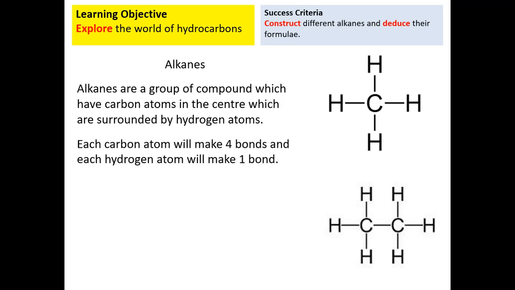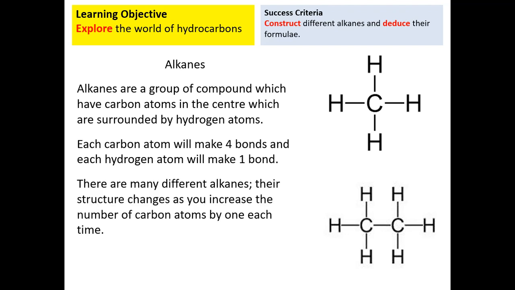Now, each carbon atom will always make 4 bonds. Those little lines coming out of it that join the hydrogens on are covalent bonds. Carbon always makes 4 bonds and hydrogen will always make 1 bond. That's to do with the number of electrons in their outer shell.